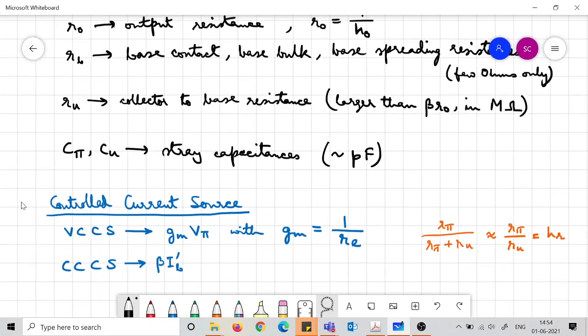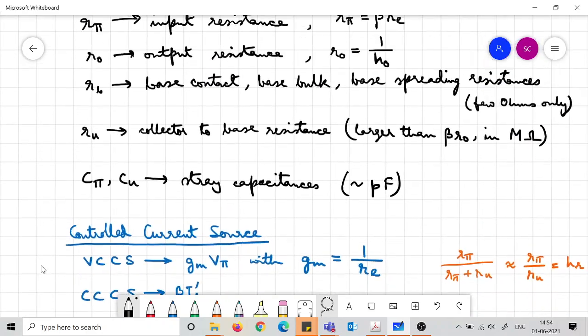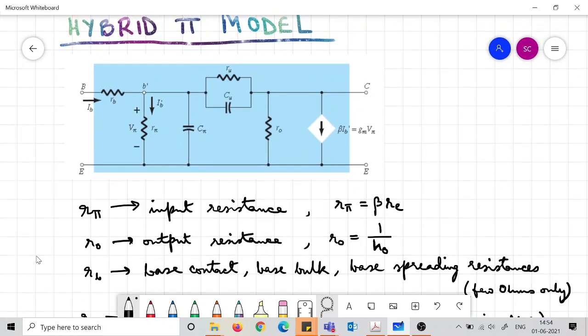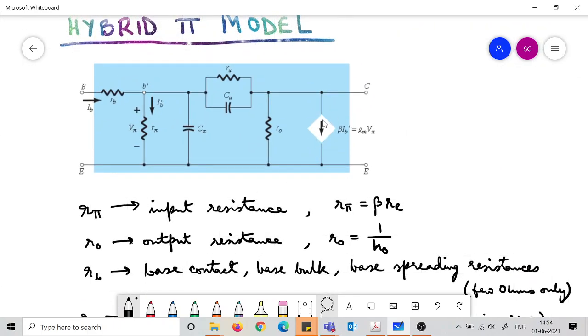You can see that in this picture, on the output side there is a controlled current source. What is the control on this current source? You can say it is IB dashed. When C pi is not there, IB dashed is nothing but the base current.